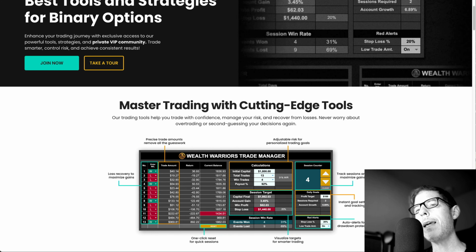If you do have some losses, how do you recoup and recover those losses in a way where you're not overextending yourself and not using too much capital, just using the right amount? That's what the Trade Manager provides. It's just enough so you can get out of that trading session profitable and move on to the next session. That's what it's all about.